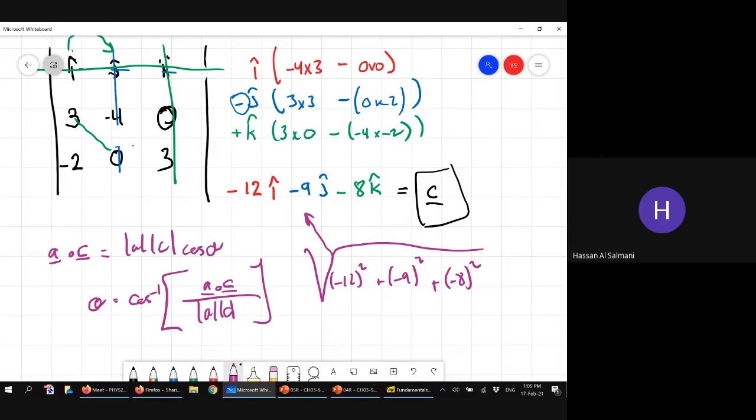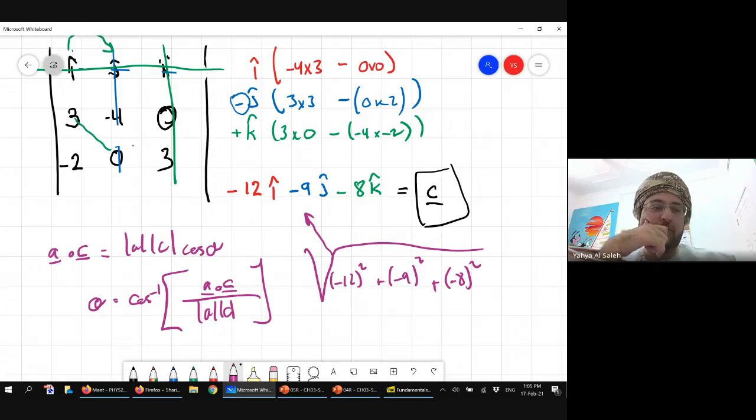So you take the square of all the components, add them up, and then take the square root. Okay?